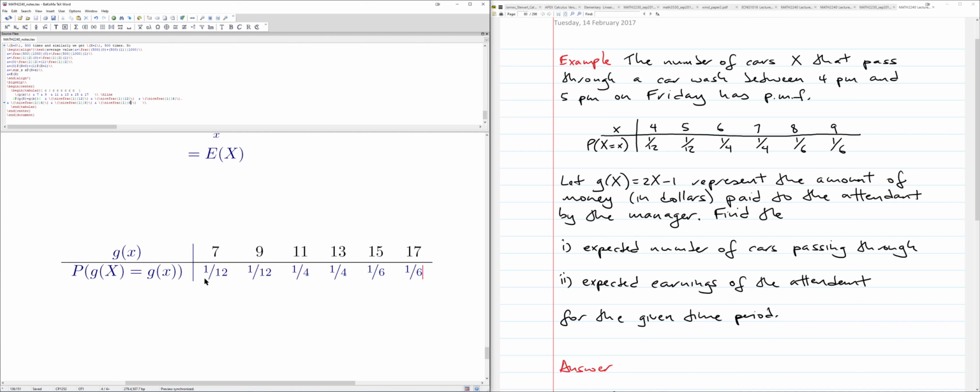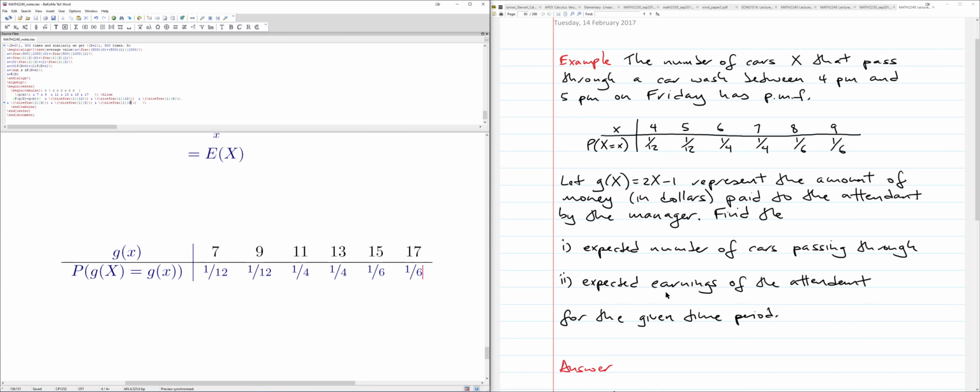And the probability of his earnings being 7 is 1 on 12. Similarly, if you have 5 cars, then his earnings would be 2 times 5 minus 1, which is 9. And the probability of the earnings in that case is 1 on 12.